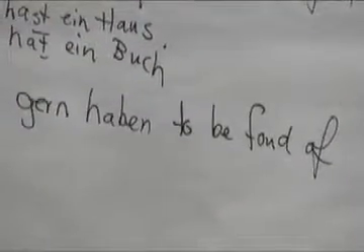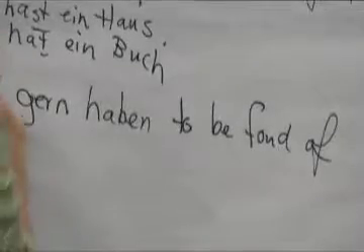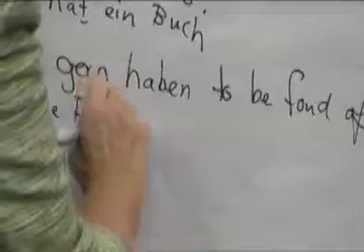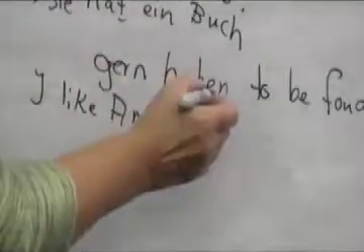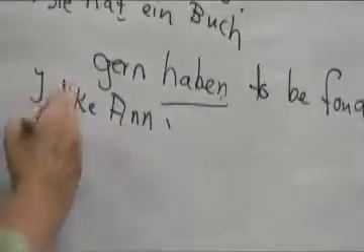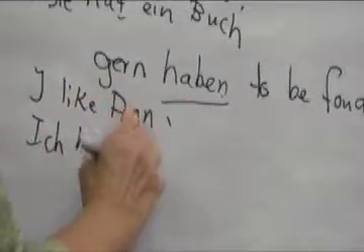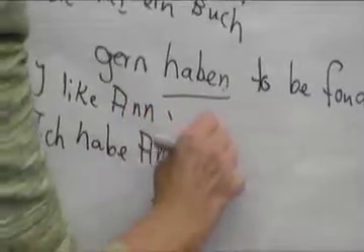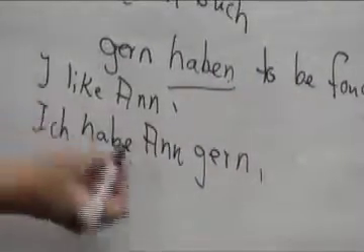If I say, let's say, I like Anne, right? Let me write that down in English. I like Anne. So, we have to conjugate the verb haben, which would be ich habe, and then comes the person we are fond of, and the gern goes to the end. And that means I am fond of Anne.